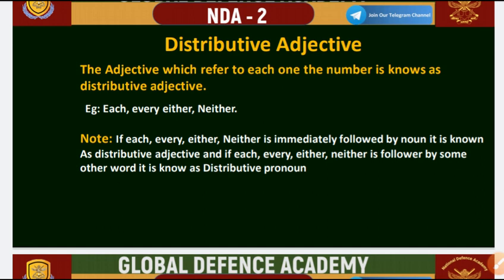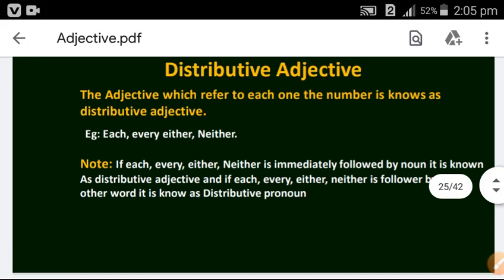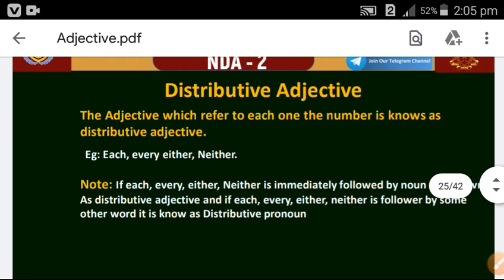And the fifth type of adjective is waiting for you, that is distributive adjective. What is the meaning of distributive? Distributive means such adjective which tells about some distribution of noun or noun equivalent, as per my previous definition of adjective.